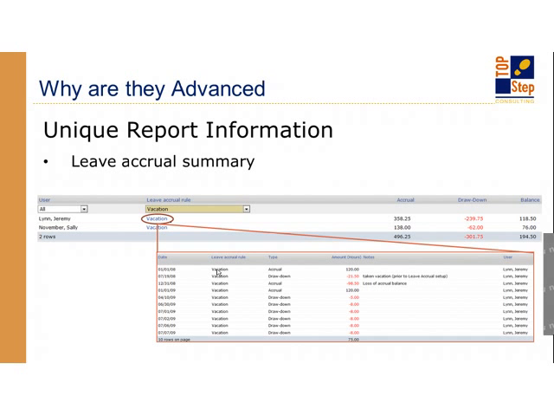I'm only showing 10 rows here, that's why my numbers don't match up, but showing all the rows, you'd be able to see where the accrual and drawdown transactions were taken, any notes there, and basically see all the details that make up the accrual and the drawdown to get to the balance. So again, this is not taking you to a separate module, but it's taking you to another report. It's actually taking you out and into the detail report.